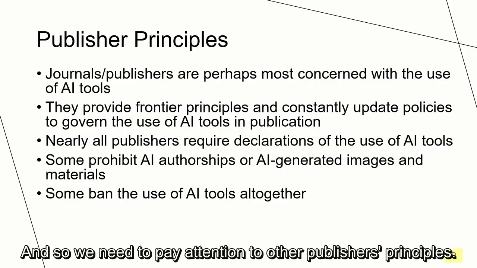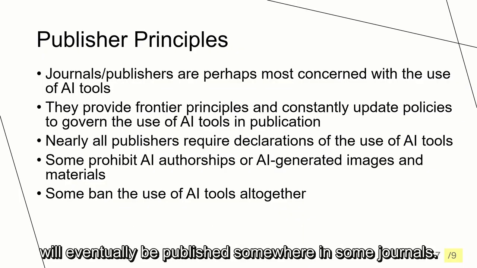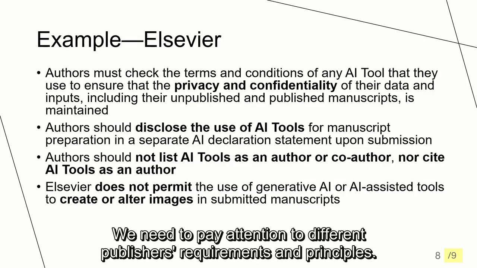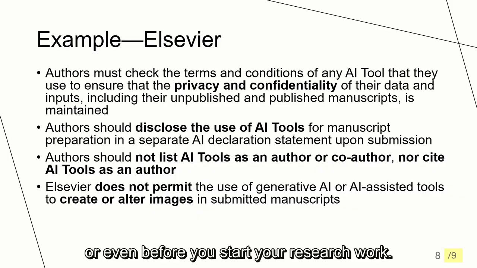And so we need to pay attention to the publishers' principles, particularly for doctoral students, because doctoral students' dissertations will eventually be published somewhere in some journals. We need to pay attention to different publishers' requirements and principles. Read them carefully before you submit papers to them, or even before you start your research work.